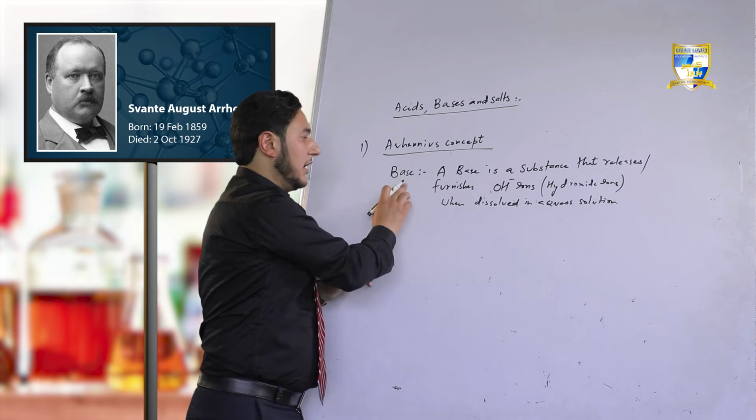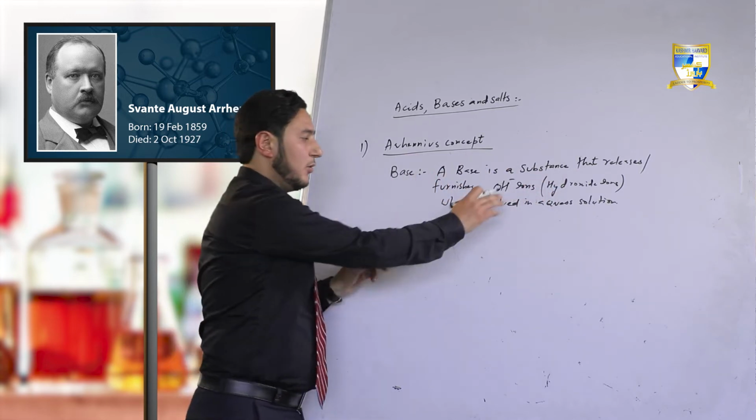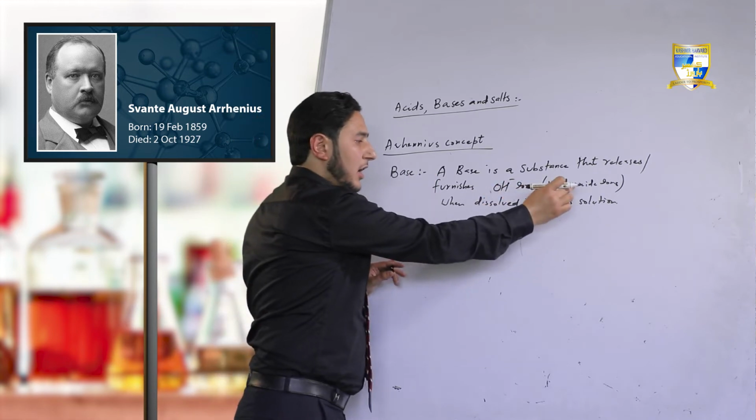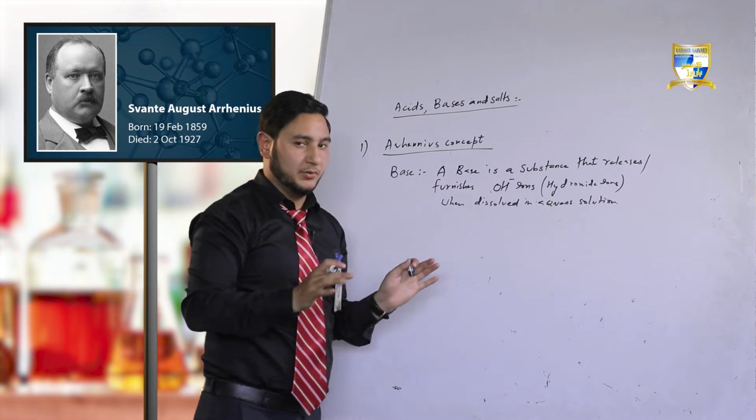According to Arrhenius, a base is a substance that releases or furnishes OH negative ions, also called hydroxide ions, when dissolved in aqueous solution.